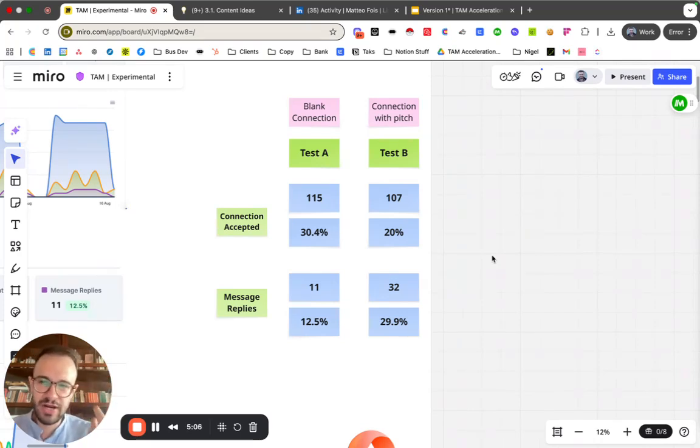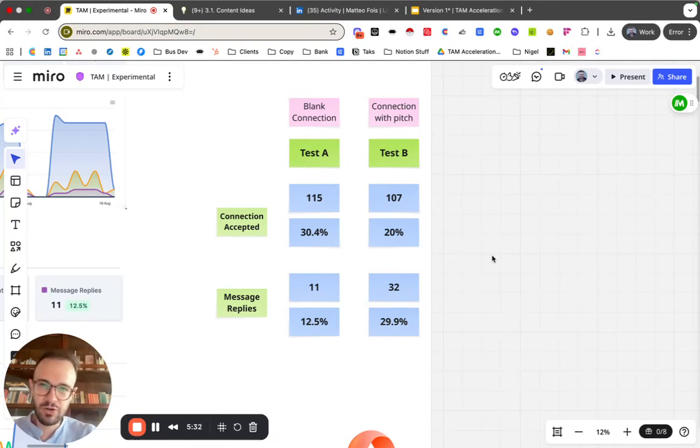If you want to generate pipeline, my suggestion is always test, because your offer might be different. You might have an offer where this workflow is different. But general knowledge is, if you want to generate a lot of connections, yeah, go for a blank request. If you want to generate pipeline, just state the purpose of why you're sending a message.